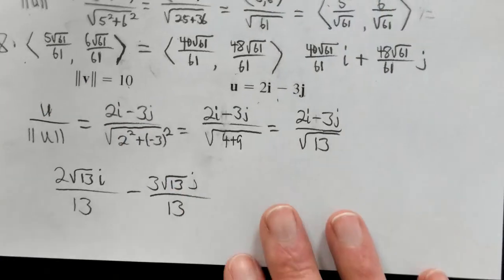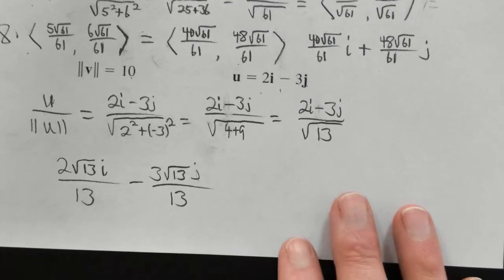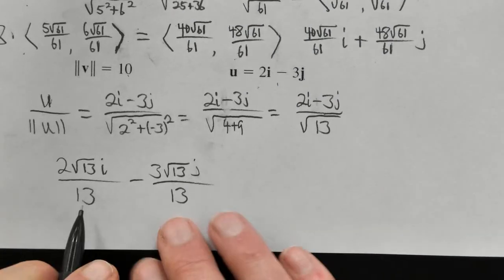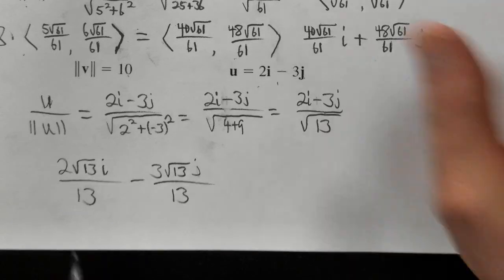And this is now the linear combination form of the unit vector.